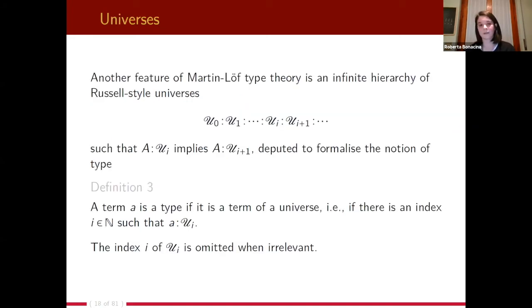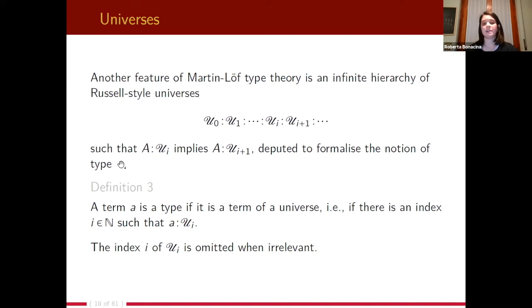Then we have this infinite hierarchy of universes. They are Russell-style universes. So we have that the first universe, U0, is a term of type U1, which is a term of type U2, and so on. And this hierarchy is cumulative. So we have that if A is a term of type Ui, it also is a term of type Ui plus 1.